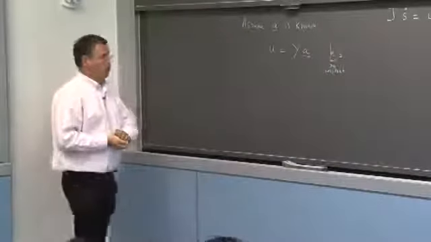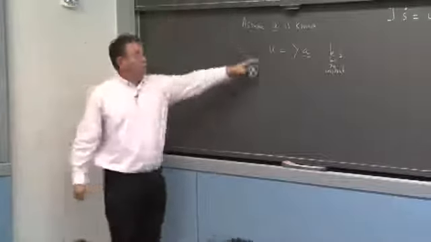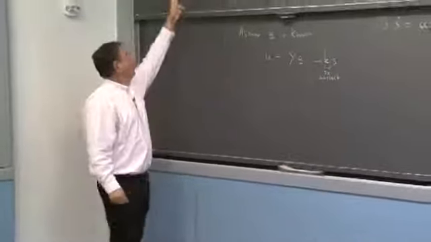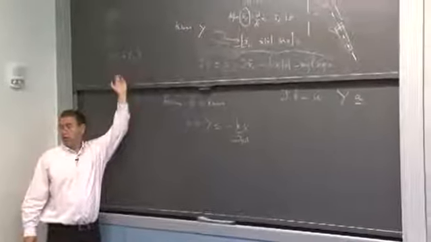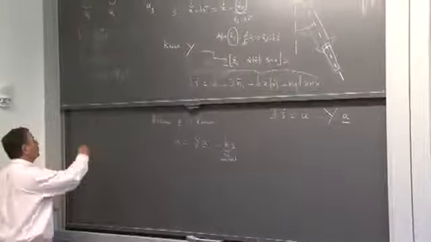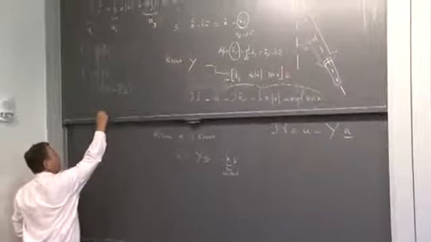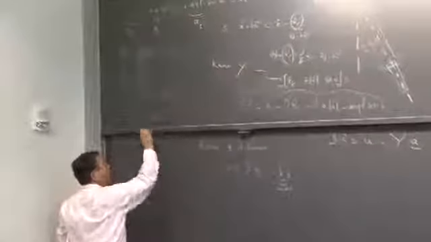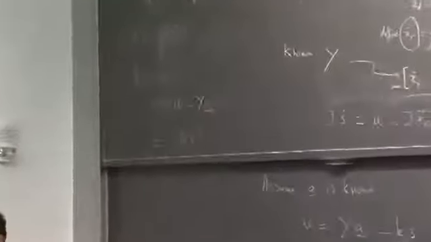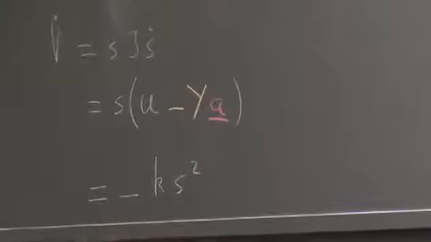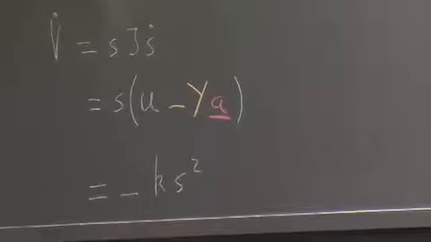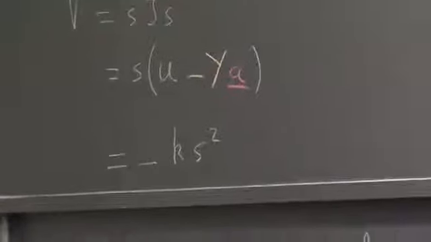Suppose A was known. We could just use U to cancel this YA term, and we would replace this by some constant, so we would get minus ks square. And then, of course, it would be very easy to finish.